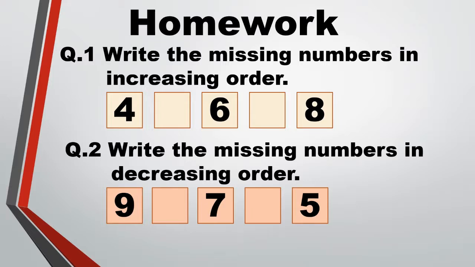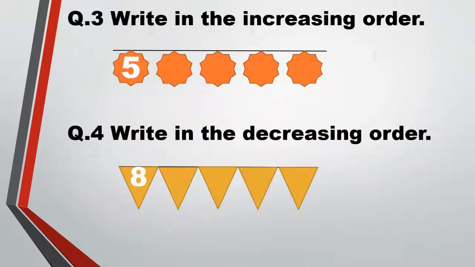Means greatest to the smallest number. Question number 3. Write in the increasing order. The number 5 is given here. You have to write the numbers in increasing order. It means like counting forward.